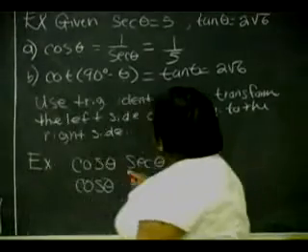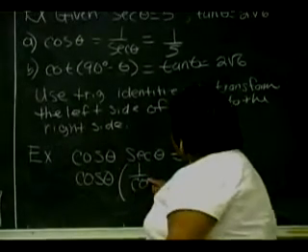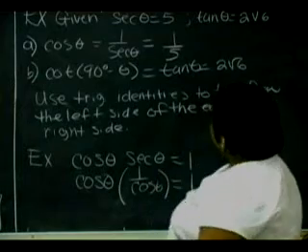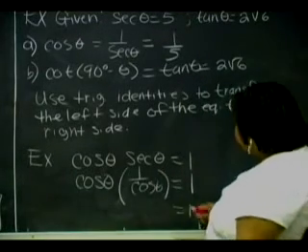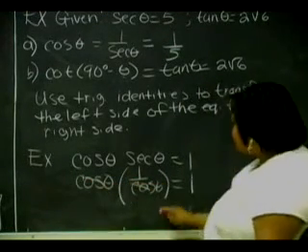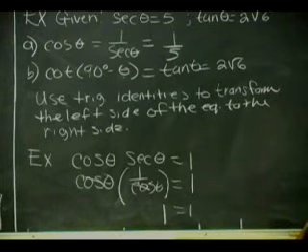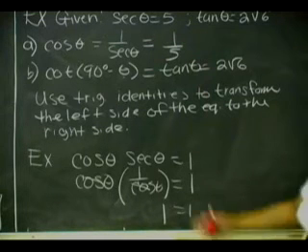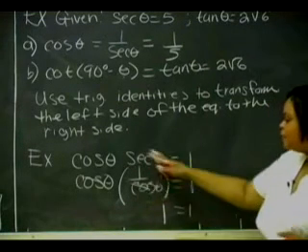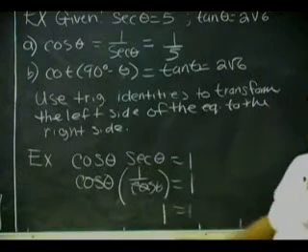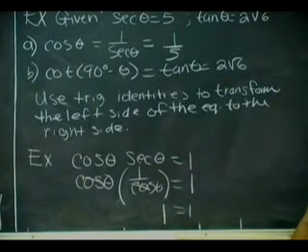So I can replace secant with 1 over cosine theta. Well, my cosine thetas cancel, so I have 1 equals 1. So what I have shown is that this is a true identity. I have made the left-hand side, by putting in some identities, look like the right-hand side. 1 equals 1 is a true statement. Okay?